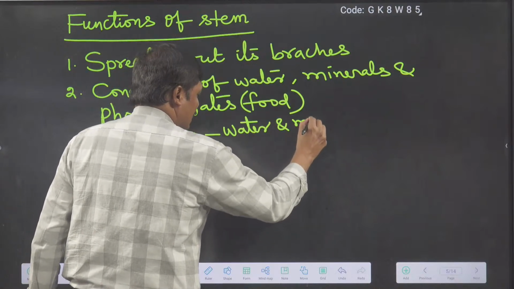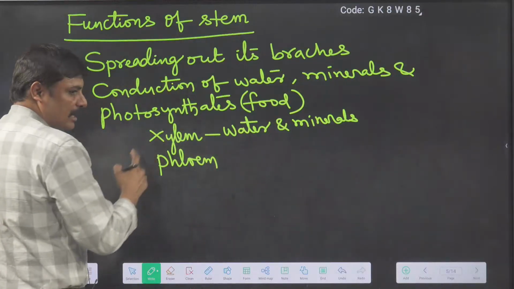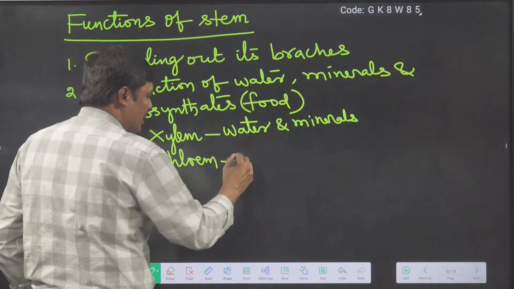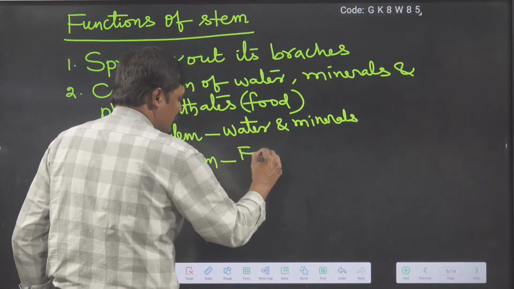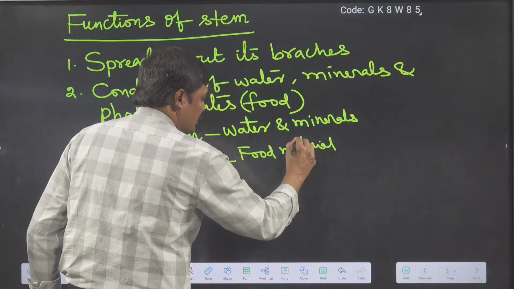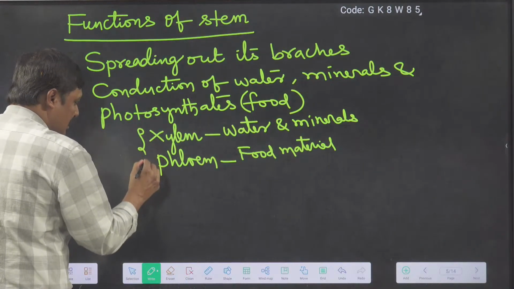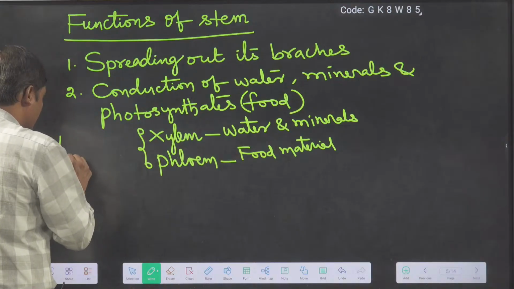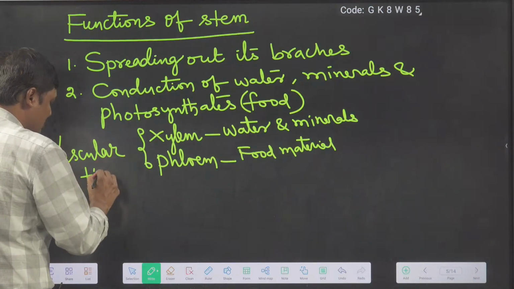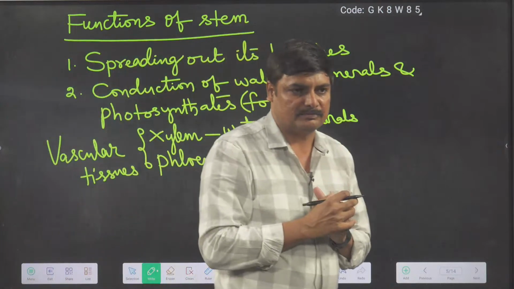Phloem is responsible for conduction of food materials. These two tissues combined form the vascular bundle, and these are commonly called vascular tissues. As the stem contains these vascular tissues, they help in conduction of water, minerals, and food material.